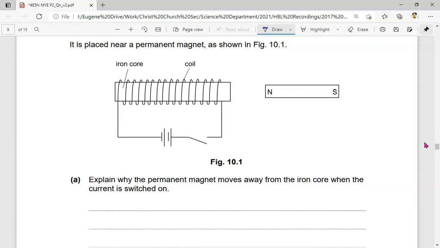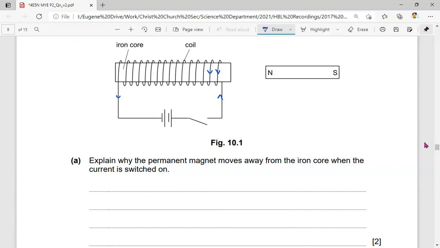First things first, we know this is a magnet. What's going to happen when I have a coil around an iron core when I switch on the current? We know that the current will flow in this direction. So if I have a coil around an iron core, I'm going to cause it to become an electromagnet, and hence there will be magnetic poles induced on the iron core.